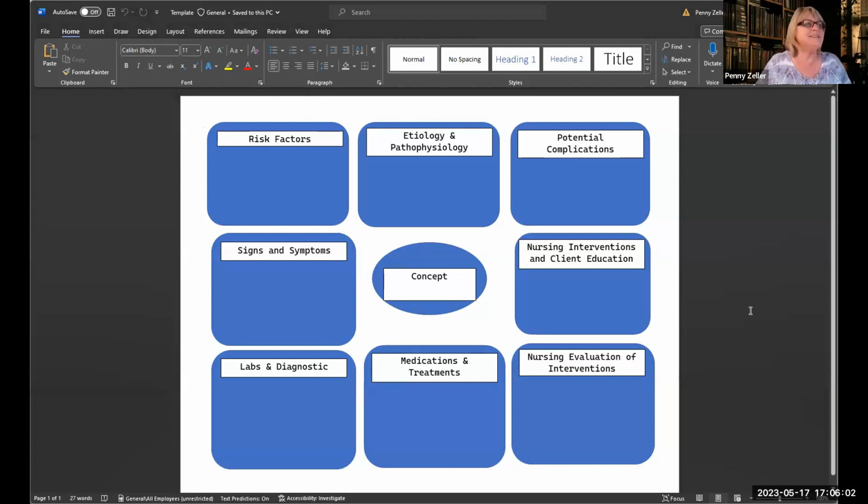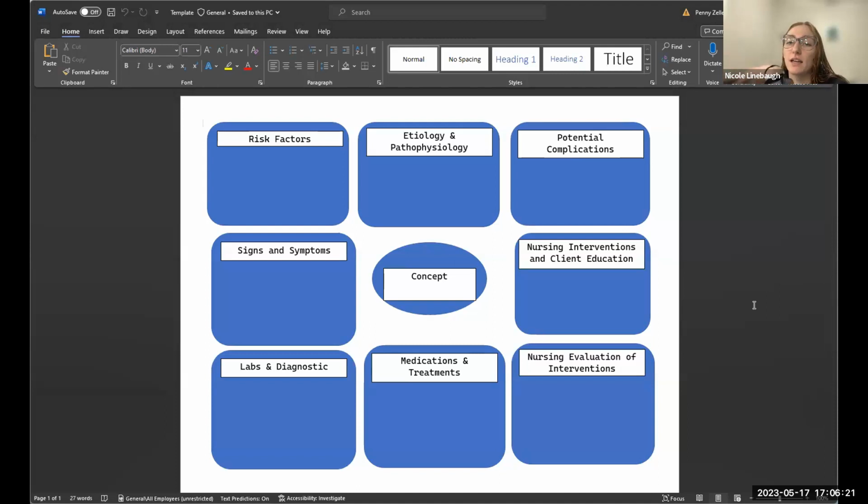Okay, so here is a concept map. So we put the concept in the middle. So like preeclampsia, what are some risk factors for preeclampsia? In other words, what clients are at risk? What are some signs and symptoms? This is a template, yeah.